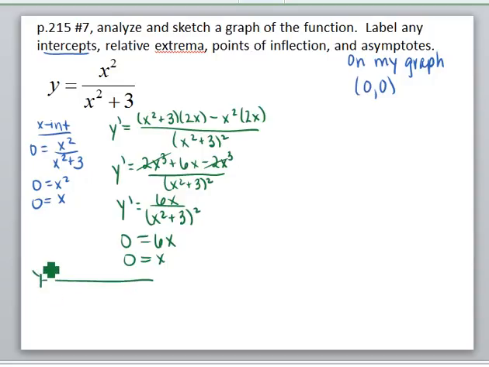So y prime, we're going to test 0. We're going to plug in and find out what's going on with the slopes of the tangent lines. Well, when I plug in 1, I end up with a positive, and over here, when I plug in negative 1, I end up with a negative. So that means it's decreasing and then increasing here. If it's decreasing and increasing, I now know that (0, 0) is a minimum. I will continue this with the next video.